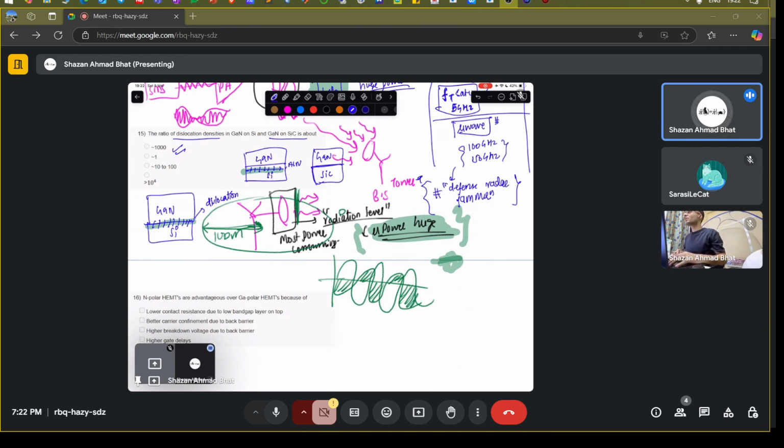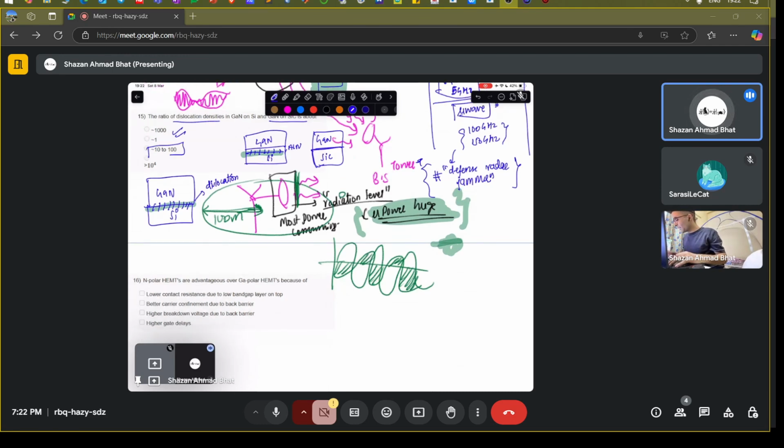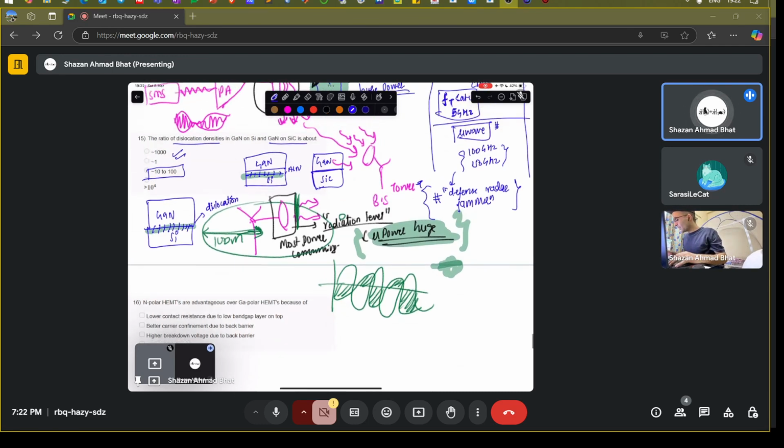It depends upon the concentration and other factors, how the fabrication has been done. So as per them the answer is this, but the concept is that the dislocation density in the case of GaN on silicon is greater than GaN on silicon carbide. GaN on silicon carbide forms a better contact, so it reduces the dislocation densities.